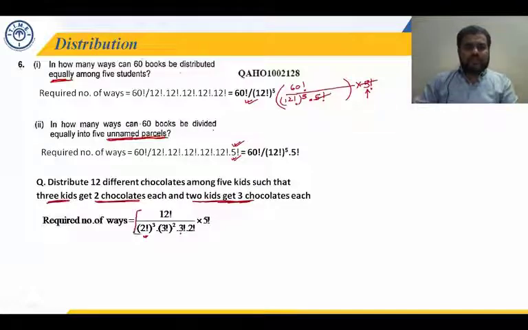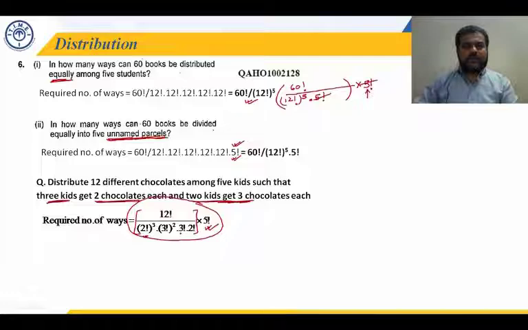So this part is just formation of parcels. We have not given it to the kids right now. We have just formed the parcels. Now when you give it to the kids, next thing we multiply with the distribution of parcels. So there are 5 kids, so 5 factorial ways. So this entire thing will give the total number of ways in this case.